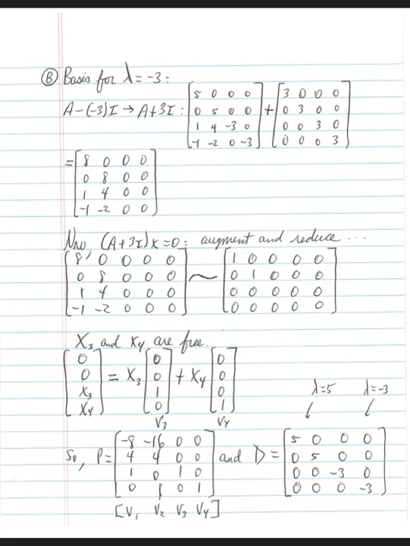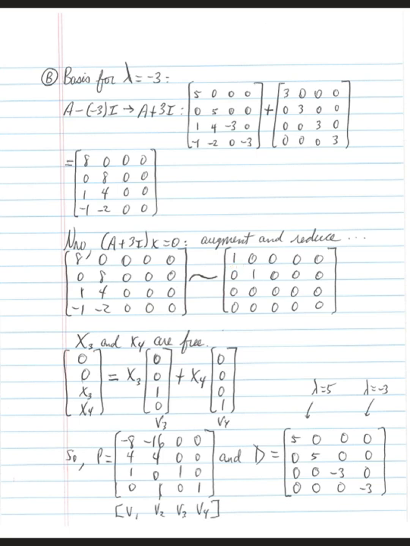Augment with another column of zeros so that we are solving A plus 3I times x equals 0. So it's this matrix with a last column of all zeros. Row reduce that, and you will get this following 4 by 5 matrix.